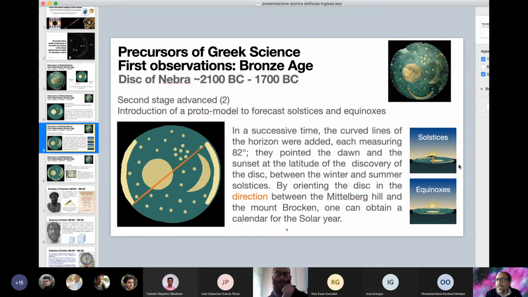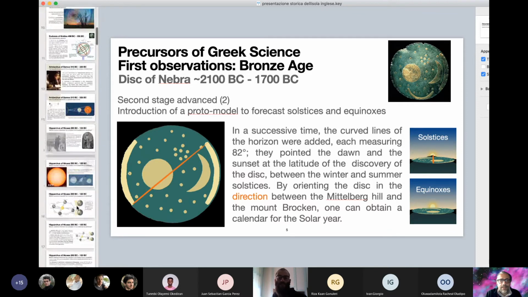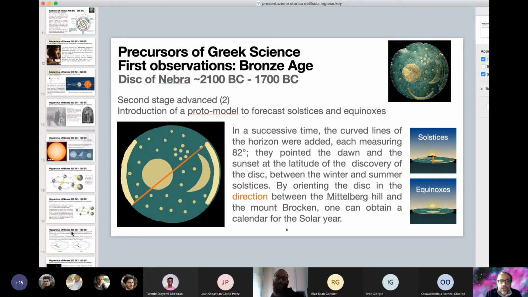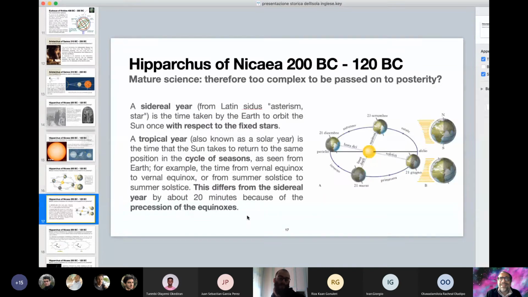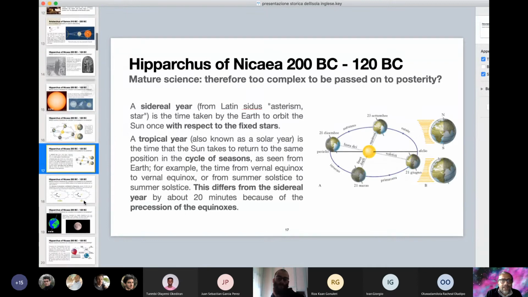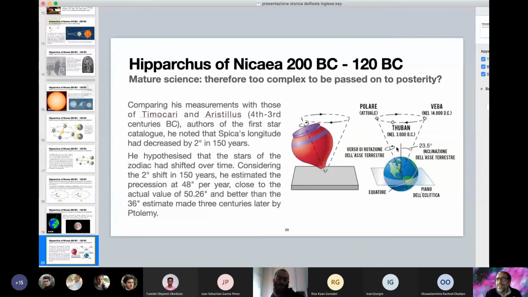Okay? He observed that when the sun comes exactly at the same place, you must wait 20 minutes before the stars arrive at the same place. And he conjectured, thanks to his predecessors, Aristarchus and many others, he invented a model in which he describes this observed discrepancy.